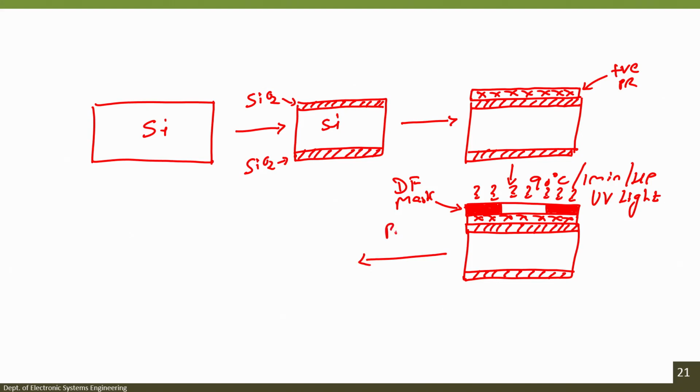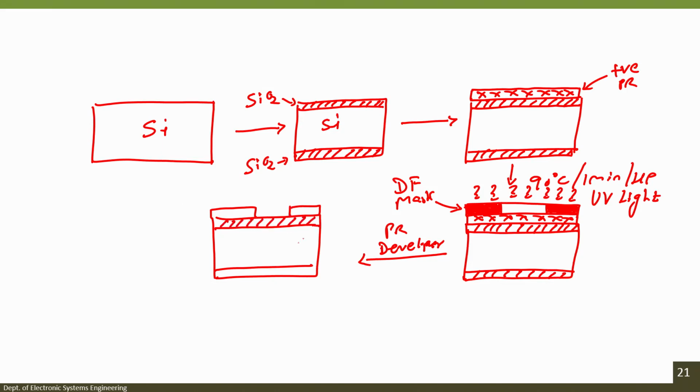After exposure, you have to go for photoresist developer. When you do photoresist developing, what will you have? You will have the oxidized wafer, positive photoresist, SiO2.